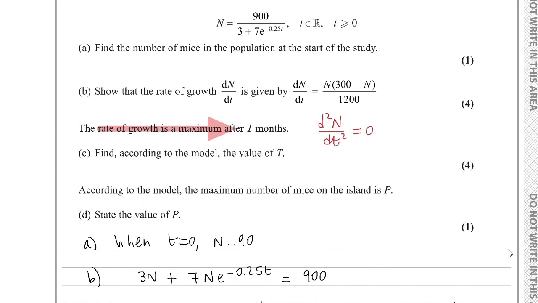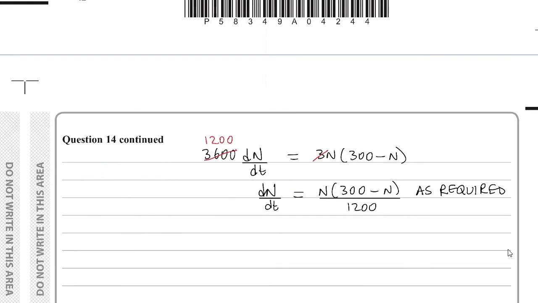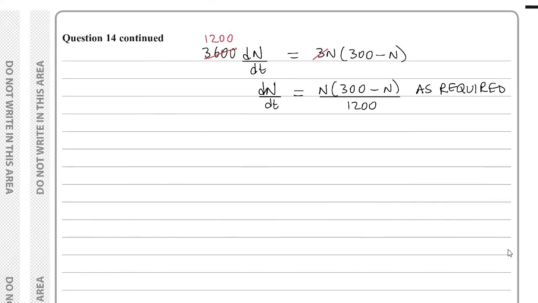Because if the growth was a maximum, dn/dt would have been 0. Now it's the rate of growth, so it's the second derivative that must be 0. Now, I will not use differentiation.